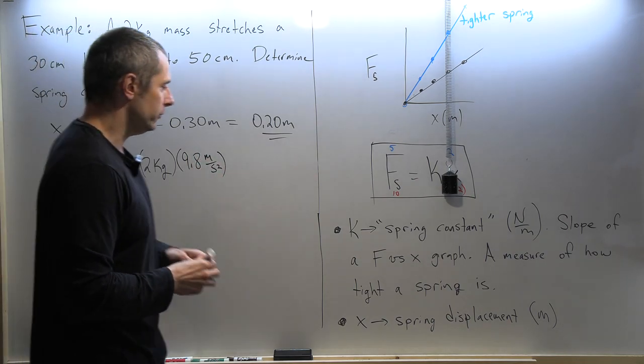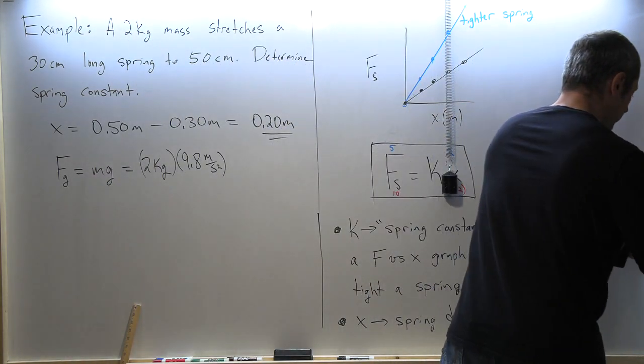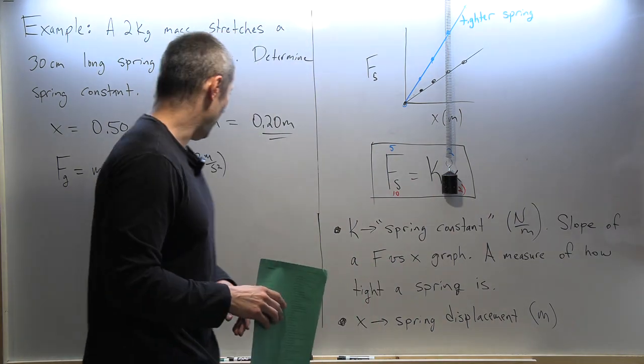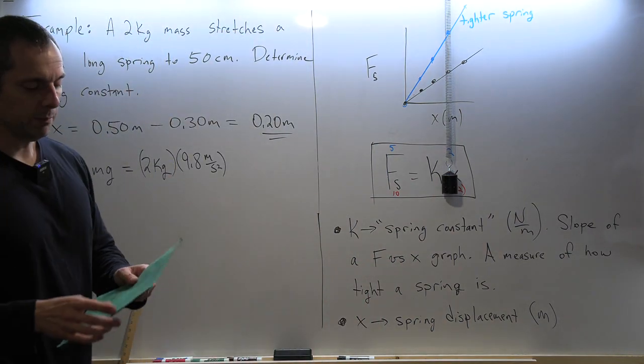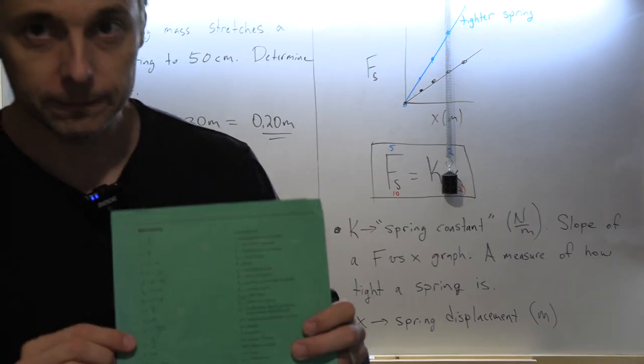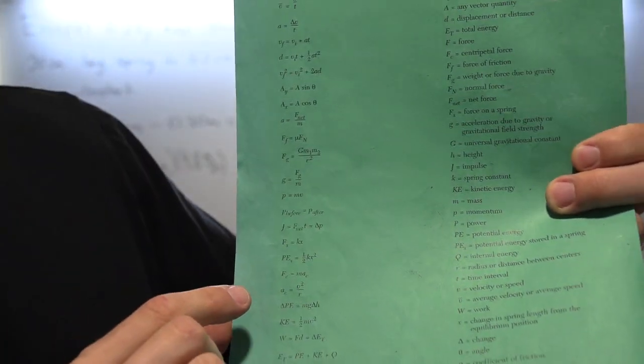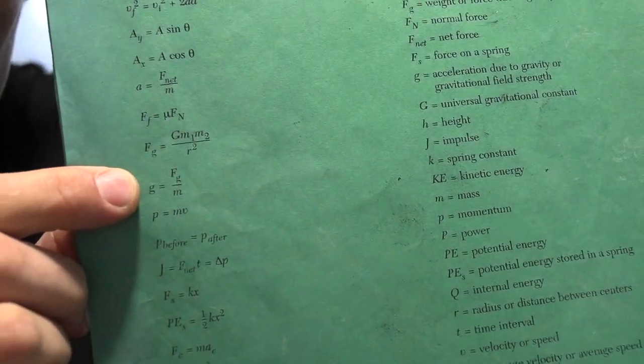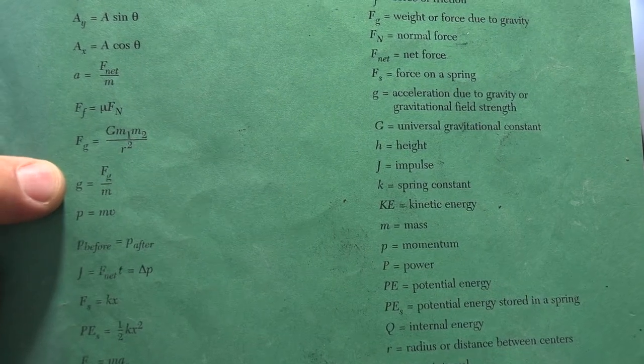Remember, you don't have to memorize the formula or those values. For example, the formula is right here, right where my index finger is. g equals Fg over m.